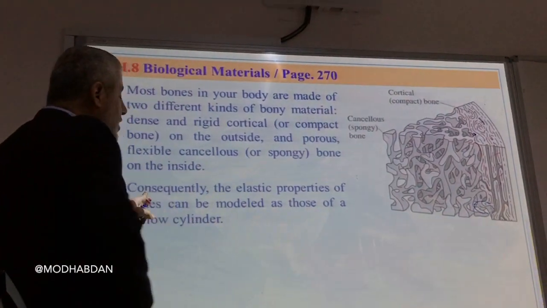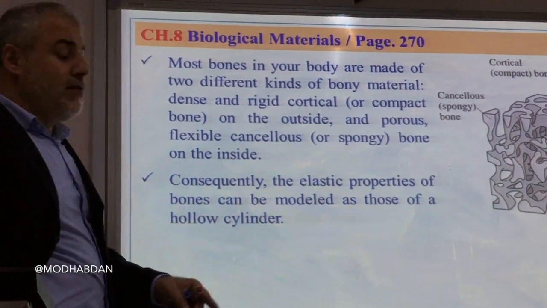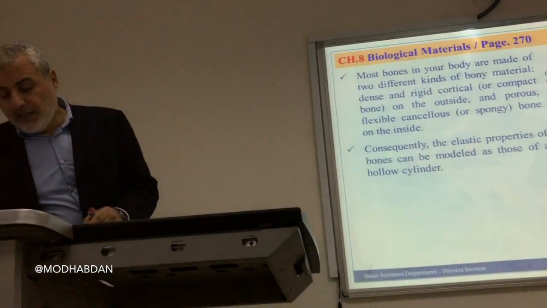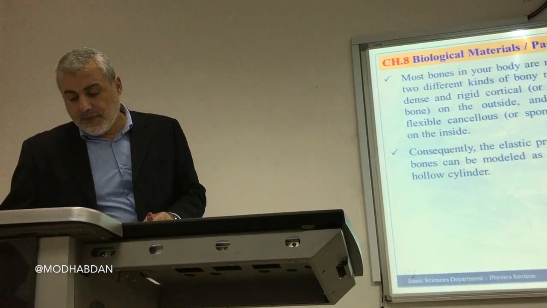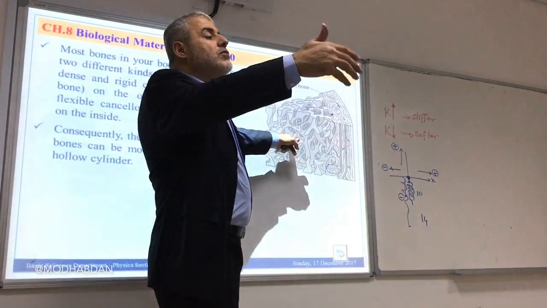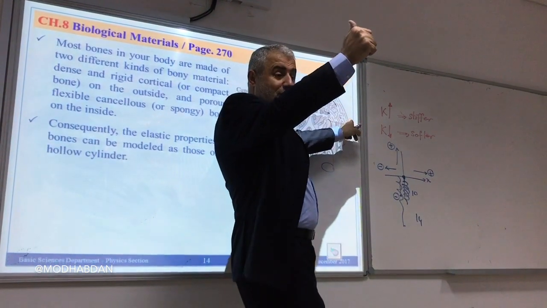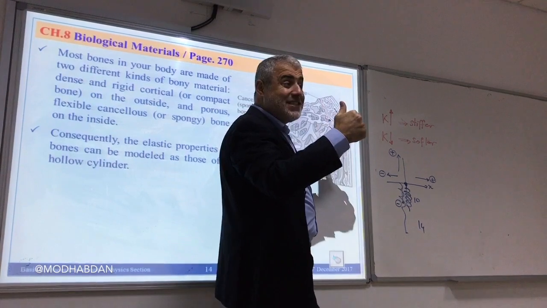See, guys, according to this, consequently the elastic properties of bones can be modeled as these 2 hollow cylinders. This is also, if you care, according to the elasticity. From outside it's rigid, from inside it's a little bit elastic.